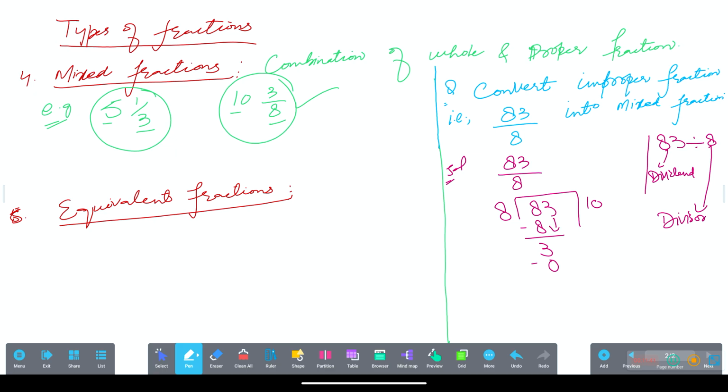But since we haven't divided this 3 and it is already less than the divisor, you have to take 0 here. 8 zeros are 0. Now 3 minus 0 is 3. But this 3 and this 3 have different origins. This 3 comes when we subtract the two numbers, and this 3 was directly brought from the box. So it is 10, 3 and 8. 3 is the remainder, 10 is the quotient, and this 8 is the divisor.